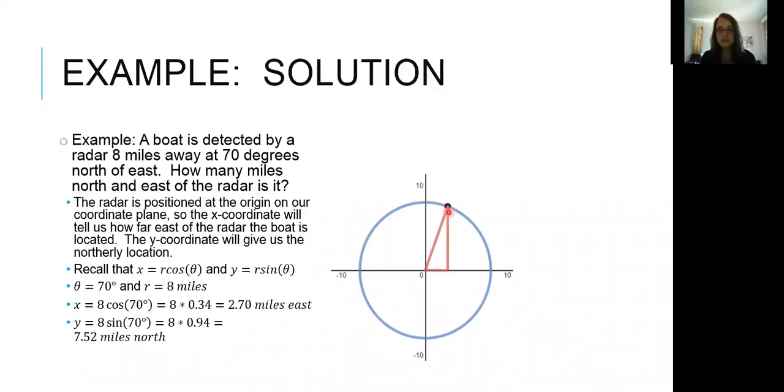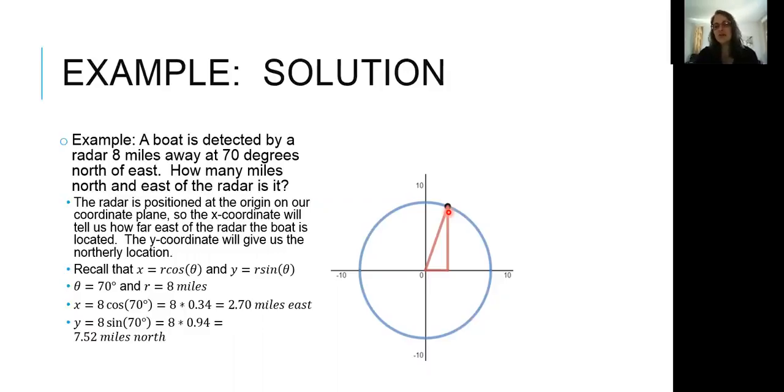Okay, so what do you need to know from this? You need to know the definition of sine and cosine in terms of the x-coordinate of a point and the radius of the circle, or the y-coordinate of the point and the radius of the circle. So you need to know that the cosine of an angle is x, the x-coordinate of the point, divided by the radius, and that the sine of the angle is y over r.